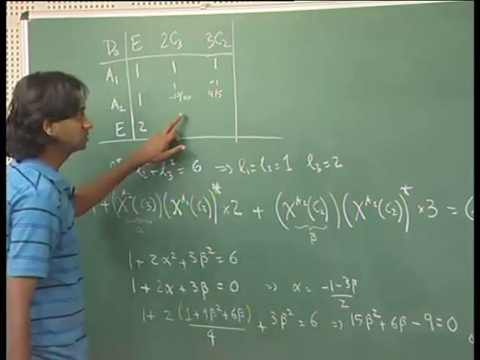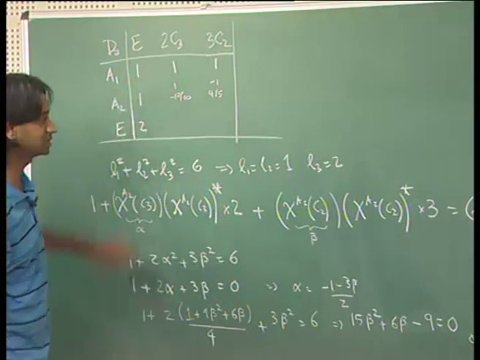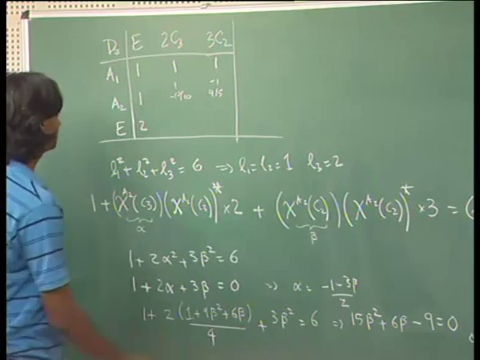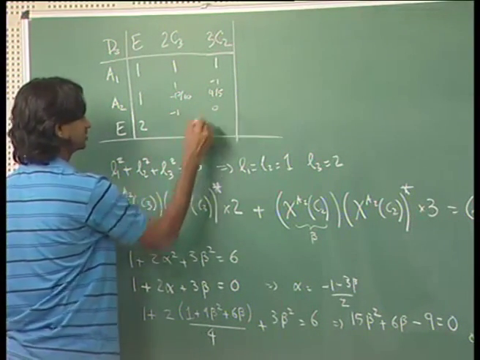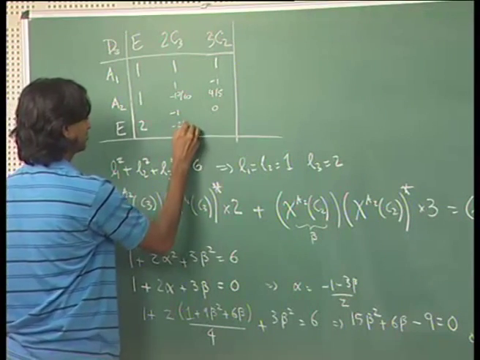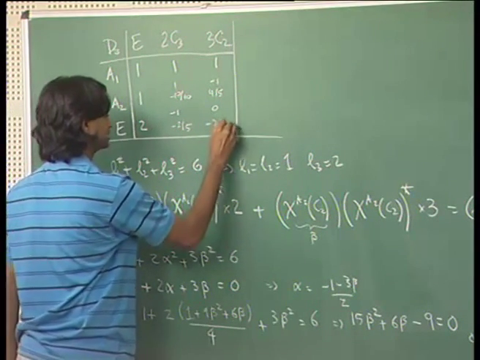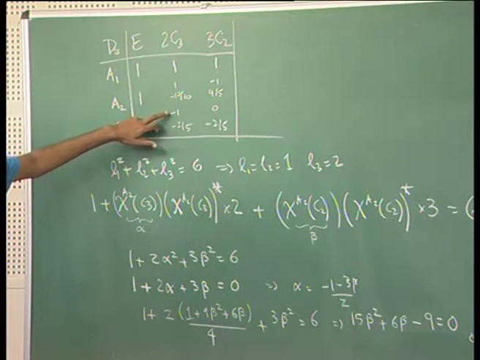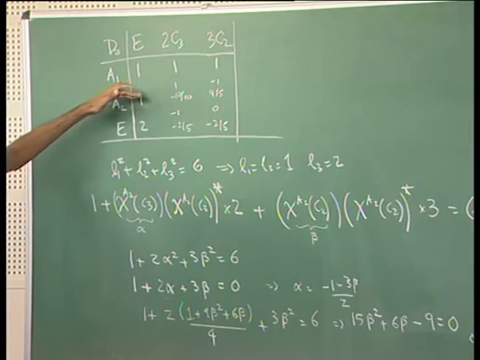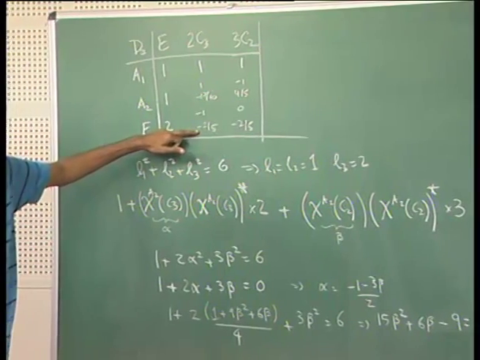Okay. Now this will satisfy orthogonality with this. Okay. Then in this case you can also have minus 1 0, or you can have minus 2 by 5 minus 2 by 5. Okay. So these are the two possibilities here. Now it's also important that these two should be orthogonal to each other.